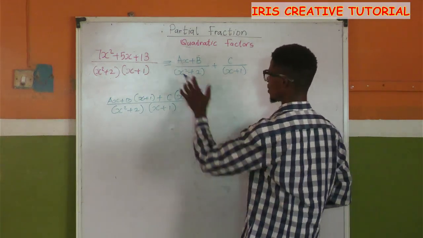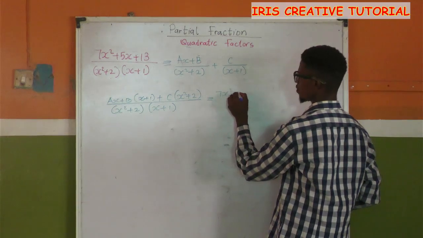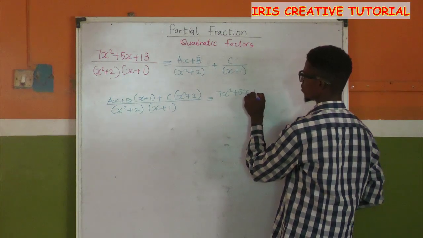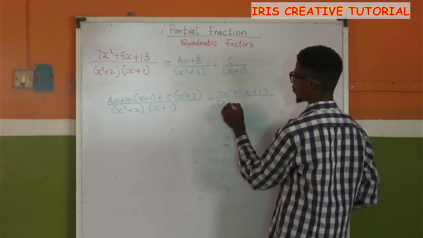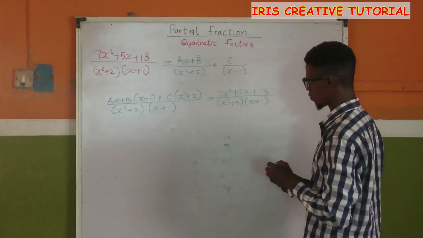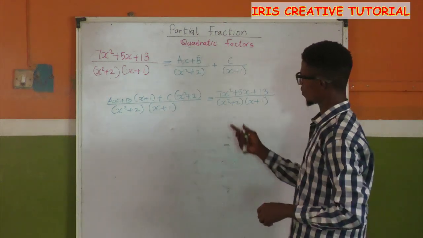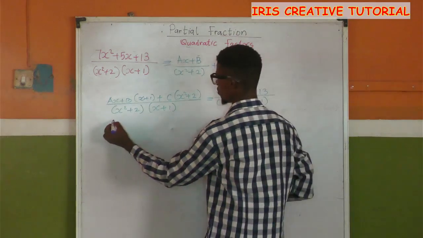Like I said, we equate this with the expression 7x squared plus 5x plus 13 over x squared plus 2 times x plus 1. So what we need to do is equate both numerators.